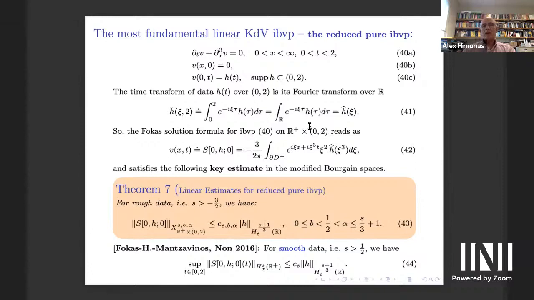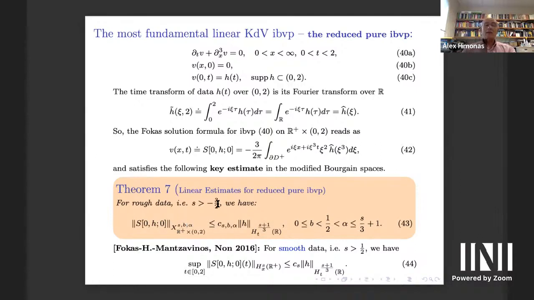And since it's compactly supported, here we can put the Fourier transform, not the half-line Fourier transform. In any case, this is not a complicated formula, and someone has hope to estimate it in the modified Bourgain space.